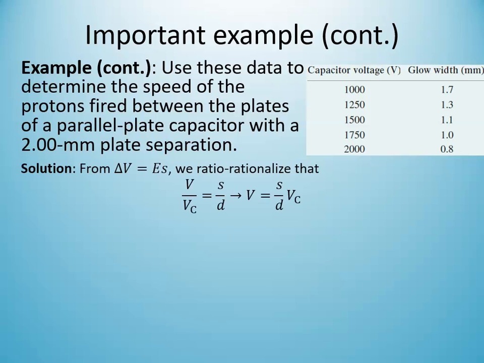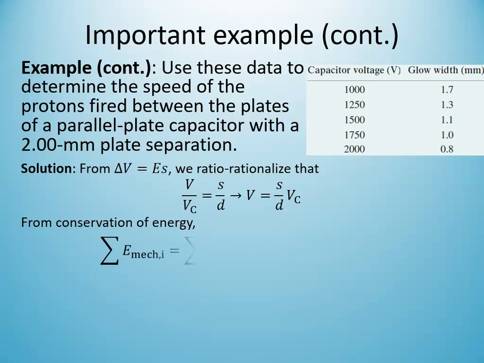Because of our ratio relation, we recognize that the electric potential at S, compared with the potential difference in the capacitor plates, is equal to S over D, where D is the separation distance, which is fixed. S is the glow width. S is how far the protons go before they're turned around, in other words, before they reach a zero value of kinetic energy.